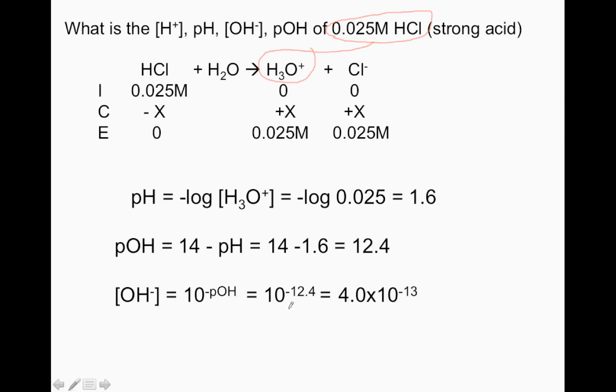The antilog on my calculator is the 10 to the x function. So I just have to tell my calculator that I want x to be negative 12.4, and then that would be the value. You notice anyway, if the pOH is 12.4, the hydroxide is pretty close to that as far as that power of 10, like negative 12.4, negative 13, pretty close.